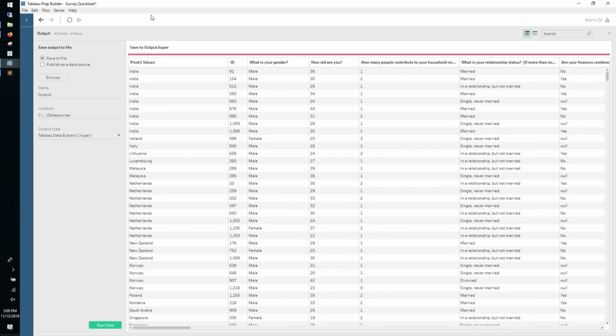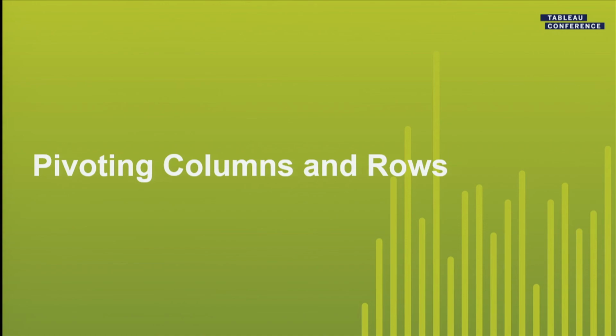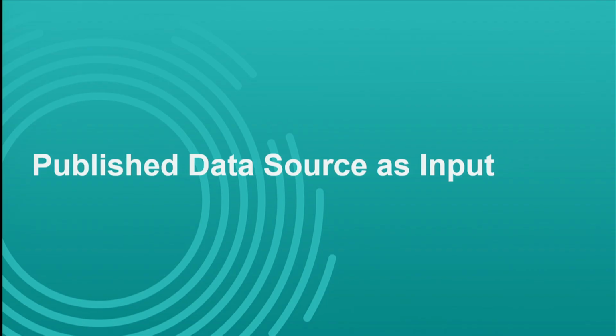So that's pivoting, a little bit of aggregations, plenty of joins. We only have a few minutes left, but I really quickly want to show off one more thing: publish data sources as input.